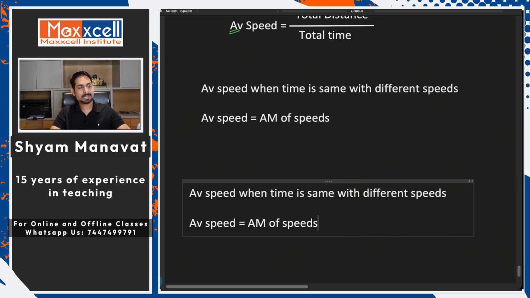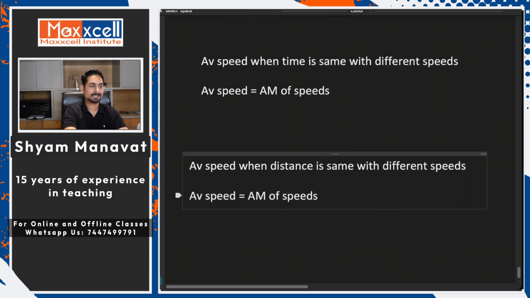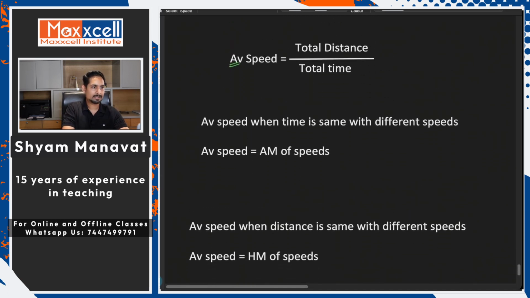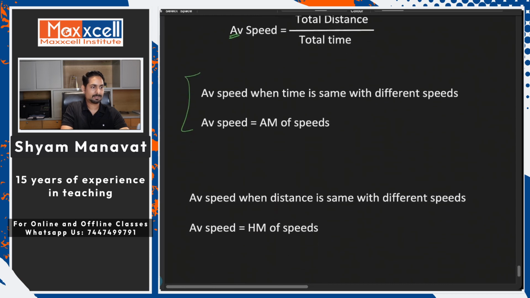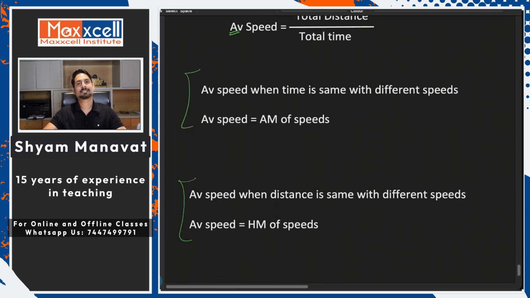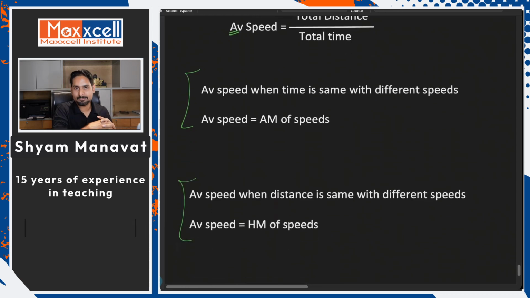Then average speed when distance is same with different speeds. In that case average speed is harmonic mean of speeds. Remember this. So these are the 3 learnings we have from this particular video.